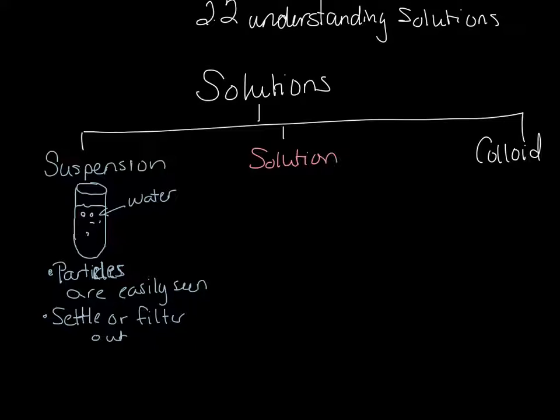Then we're going to go to a solution. And a solution is more of a transparent mixture. It's transparent. You can see through it because the particles are a lot smaller. They're well mixed. They're very hard to separate. We're going to talk a lot about solutions.